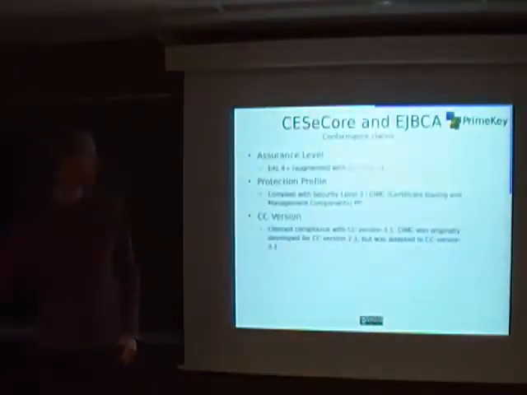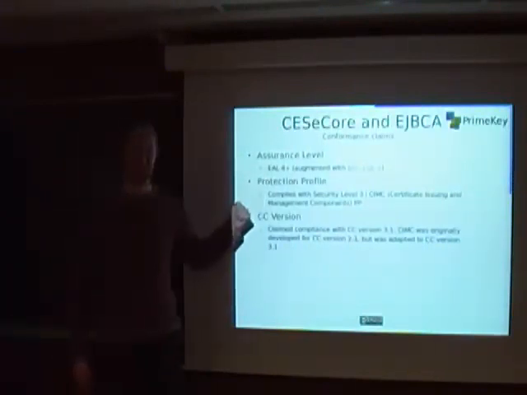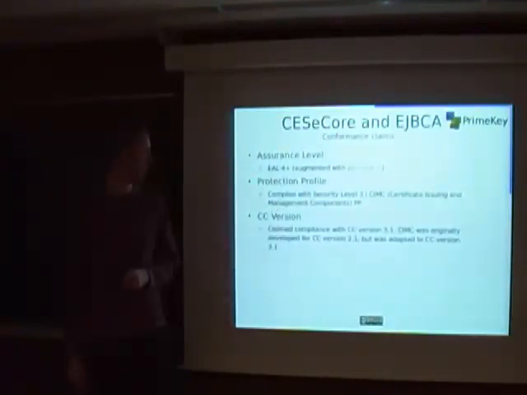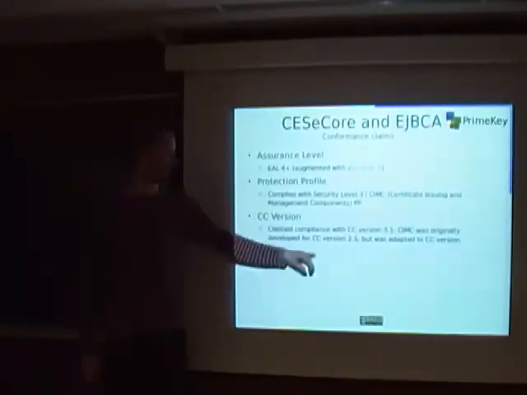But that's something else. There's some more. What we did, EAL4 Plus: luckily there's a protection profile for certificate authorities, so we could use that. It's called the CIMC. There's a Common Criteria version where this protection profile was actually written by NIST some years ago, for an older version of Common Criteria, version 2.1.